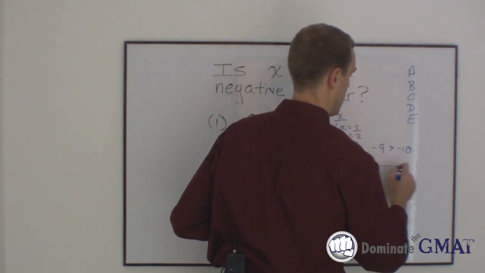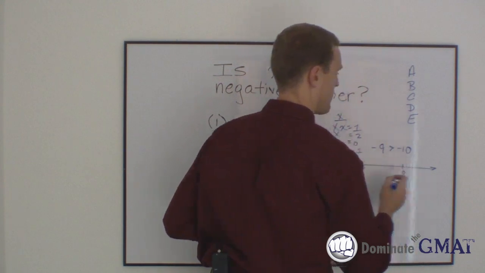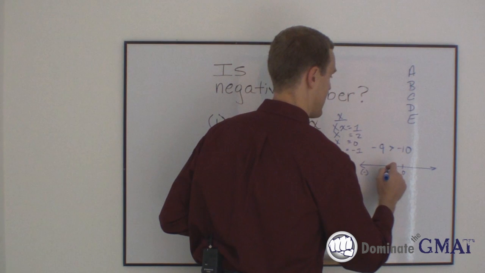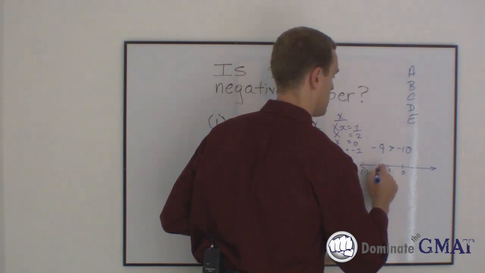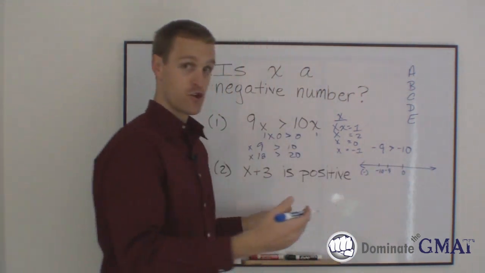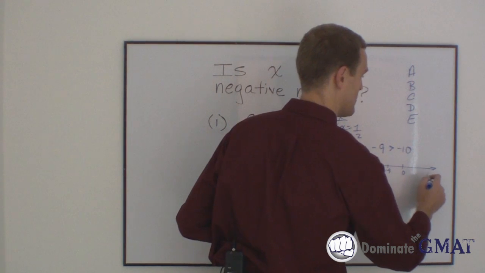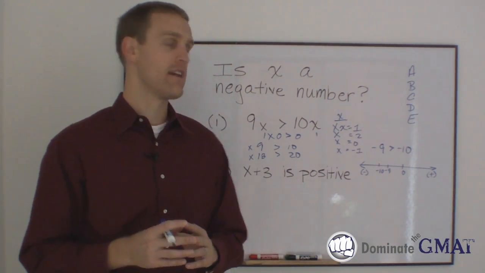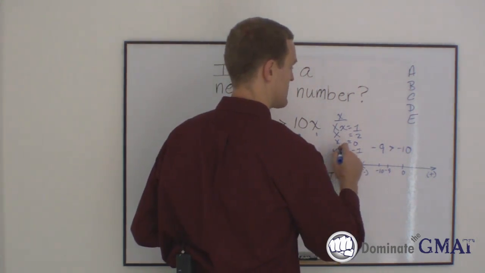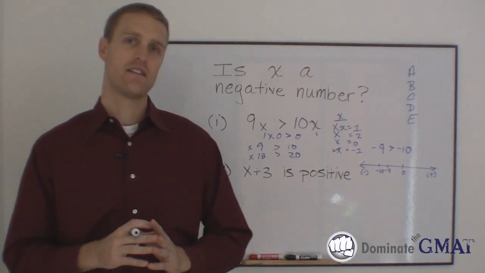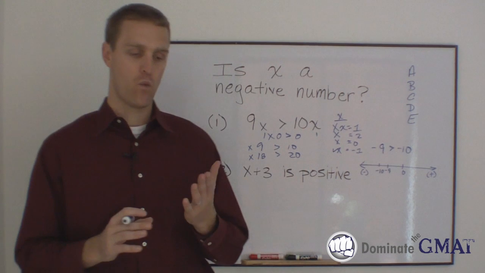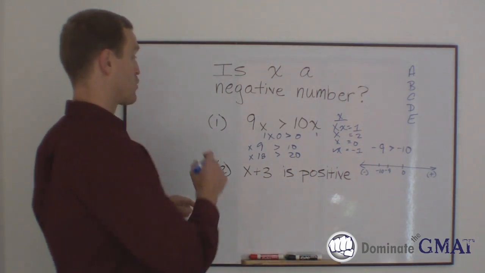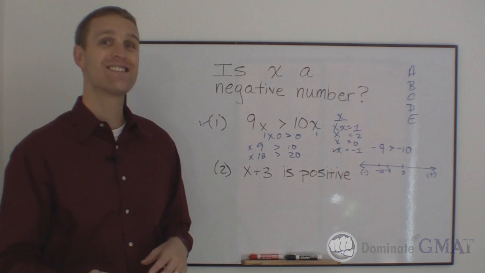When we're on the left side of it, when we're talking about negative numbers, negative 9 is in fact further to the right, further positive. I.e., negative 9 is greater than negative 10. So negative 1 is an allowable value. And you can continue to test numbers this way, but what you're going to find for statement 1 is that only negative numbers allow that statement to be true, which is why statement 1 is sufficient.